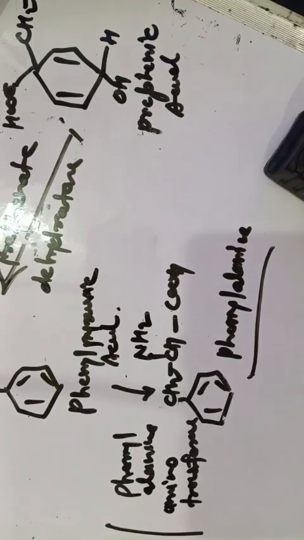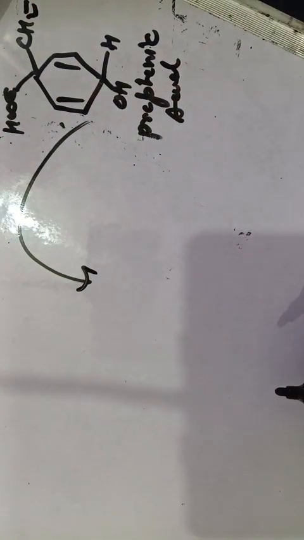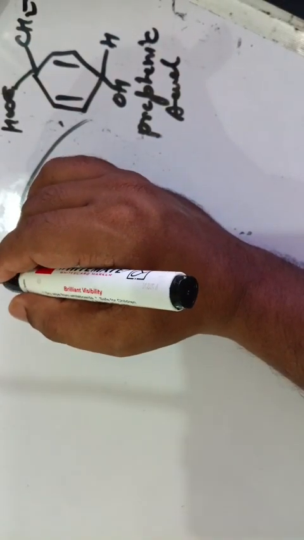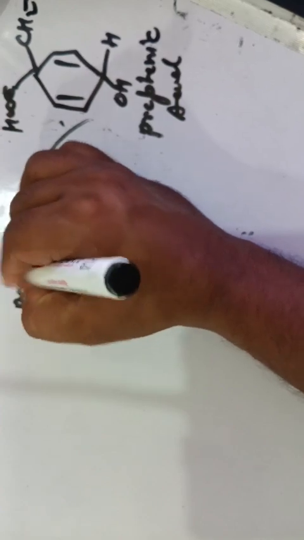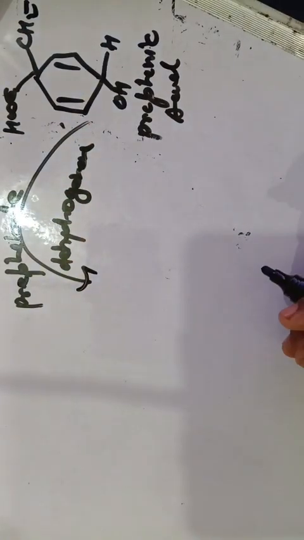And the second step is, we will get one aromatic amino acid, that is phenylalanine. Now prephenic acid, when we use the prephenate dehydratase, another enzyme.